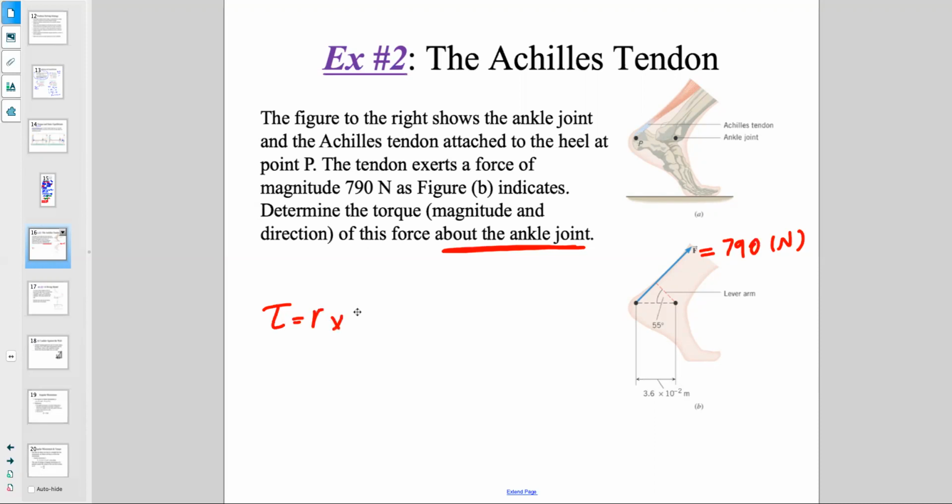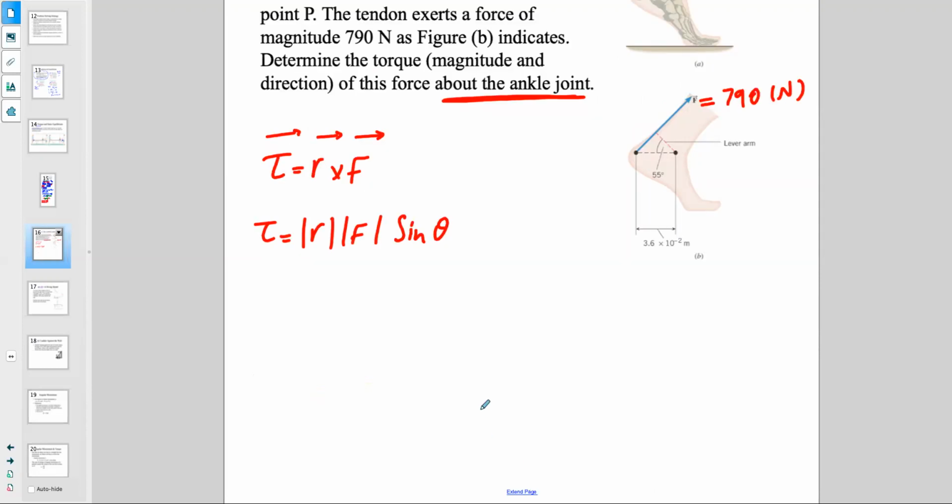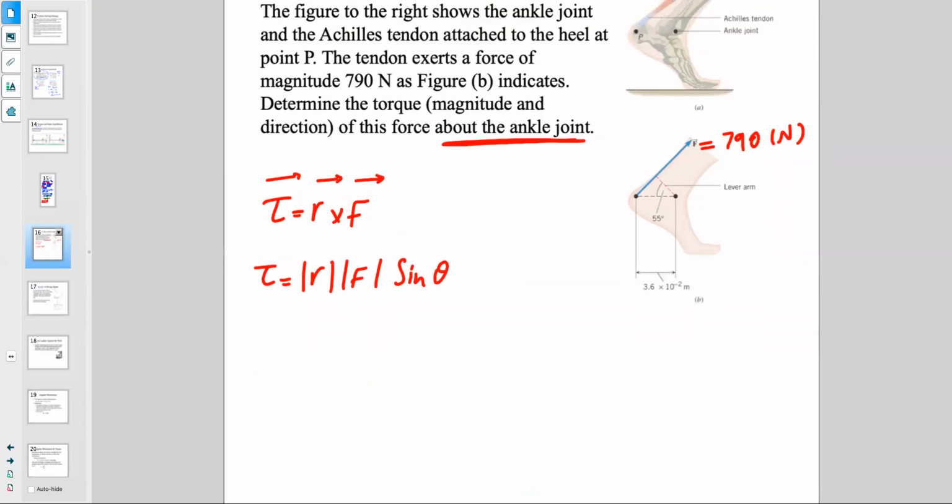Torque is R cross F. So in other words, torque is the magnitude of R, the magnitude of F, and the sine of the angle between them. And let's see what we have. So the force is 790. So tau is R F sine. Force is 790.